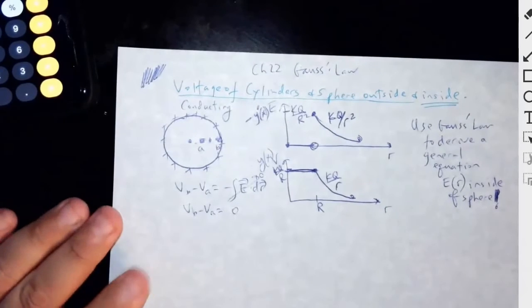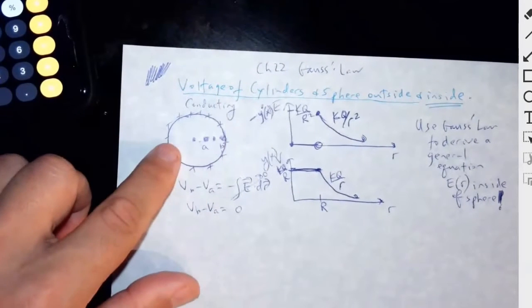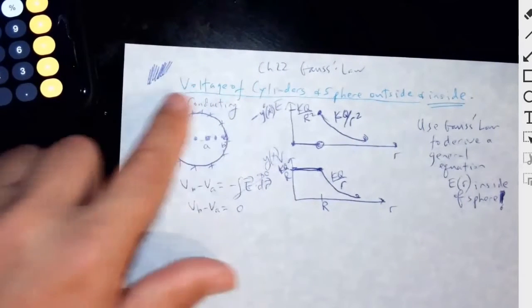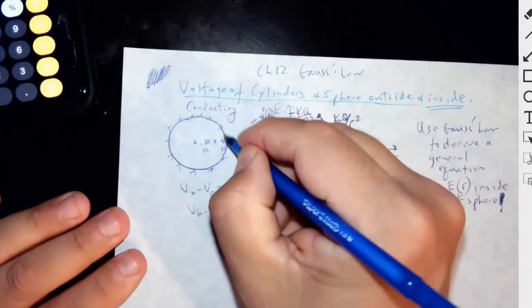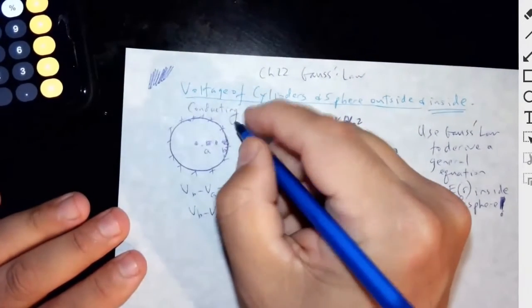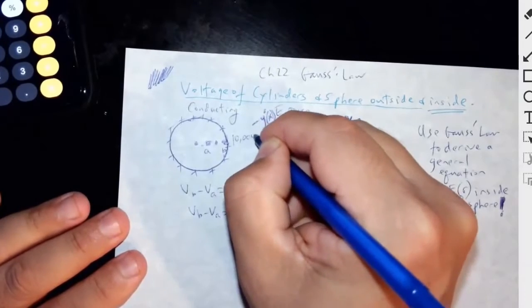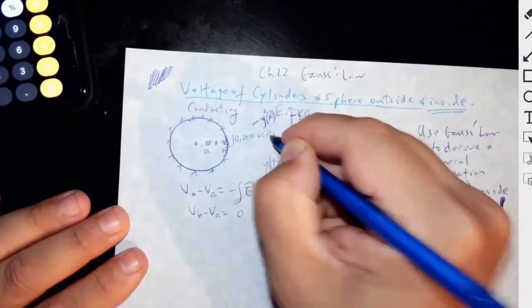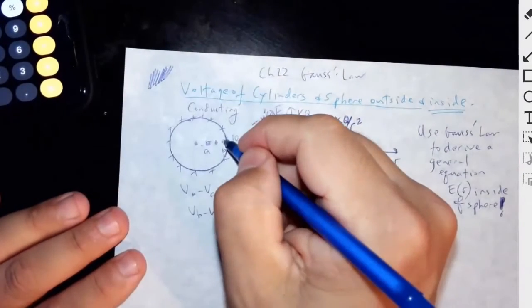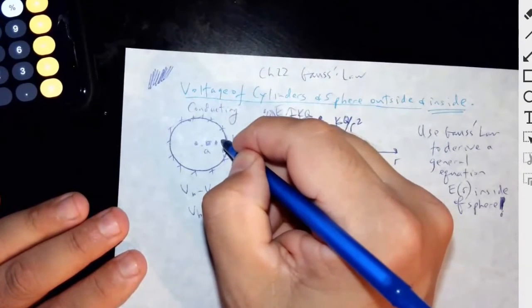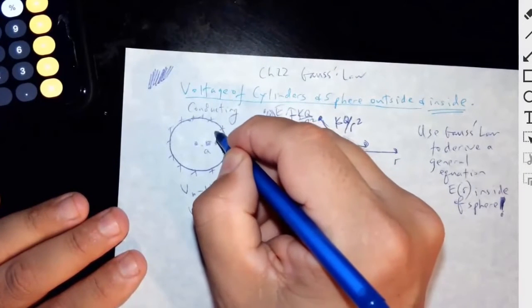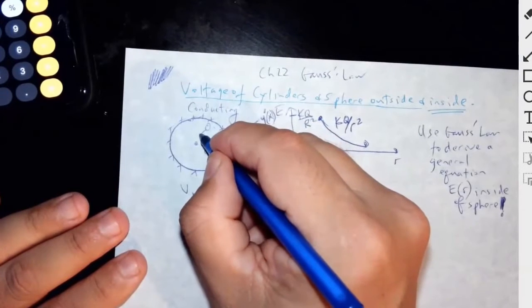So that means if you have a conducting sphere and the surface of that sphere is 10,000 volts, and you are inside of that sphere, are you safe?